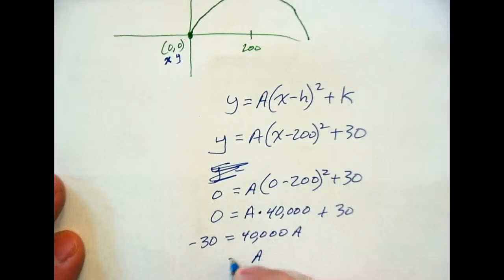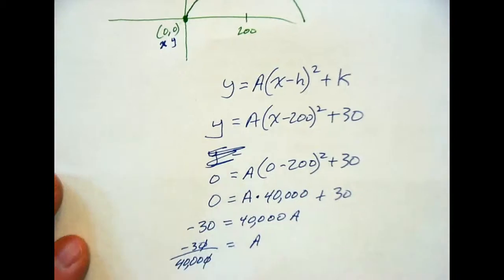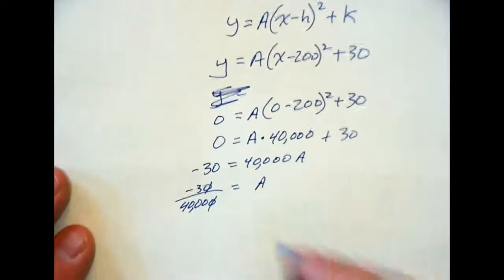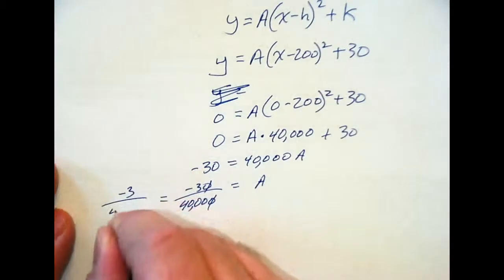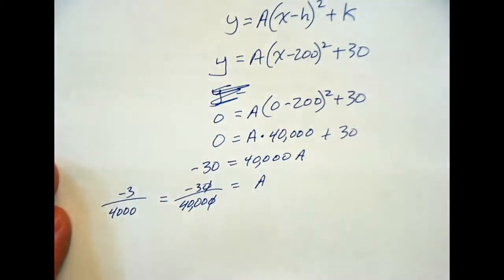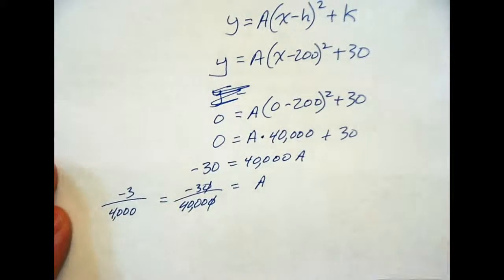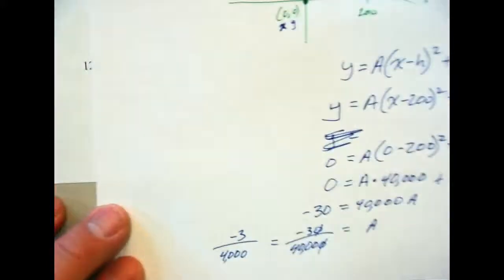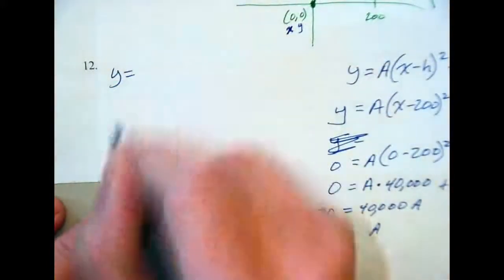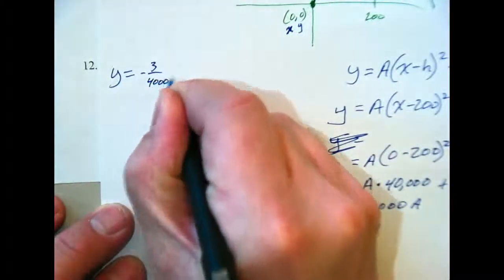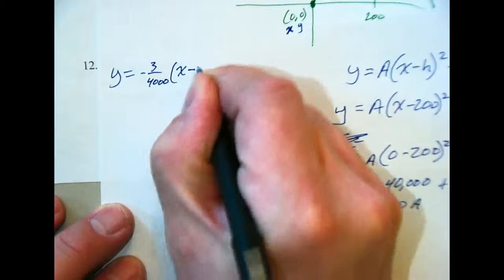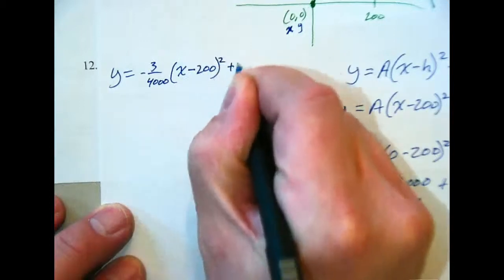So a is negative 30 over 40,000. Simplify, reduce it by a factor of 10 by canceling a 0. We get a equal to negative 3 over 4,000. So my equation in vertex form is y equals negative 3 over 4,000 times the quantity x minus 200 squared plus 30.